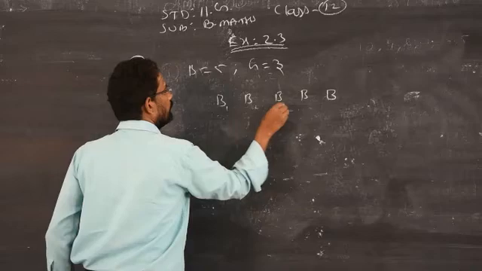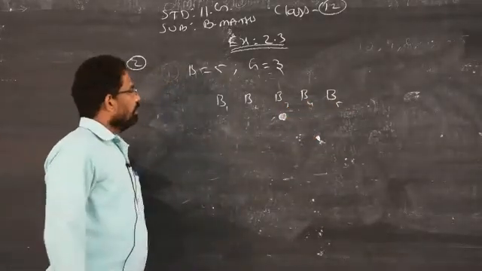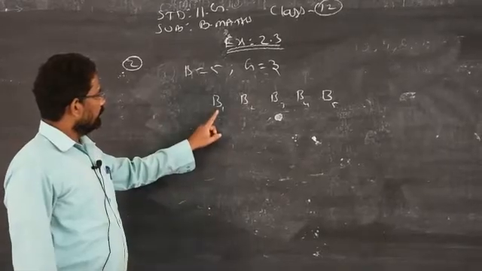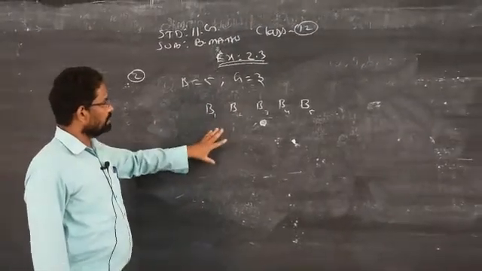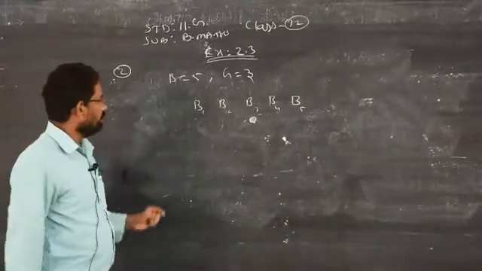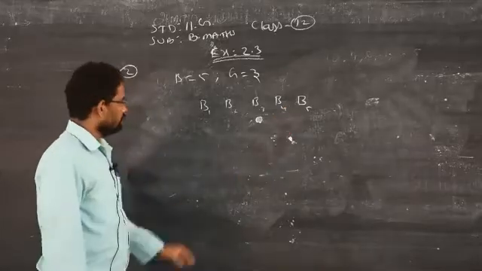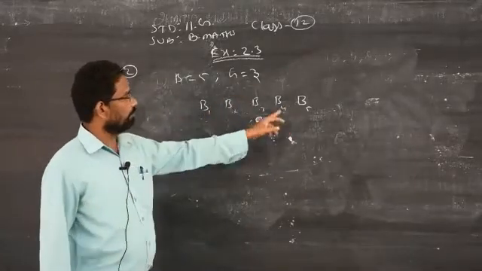I say B1, B2, B3, B4, B5. Now, be careful, the answer is only one line, but understanding is very, very important. B1, B2, B3, B4, B5. That is Y1, Y2, Y3, Y4, Y5.